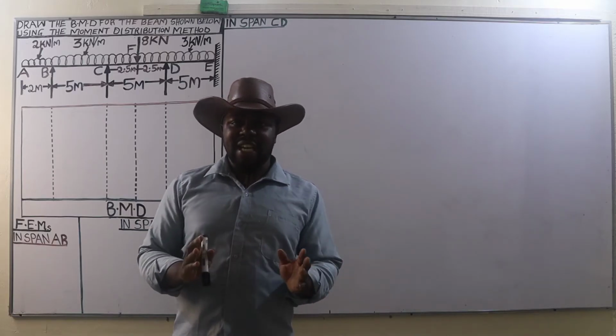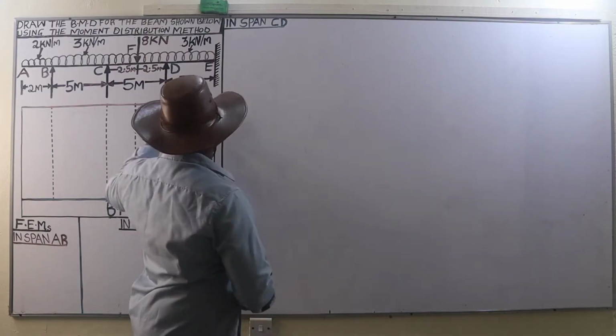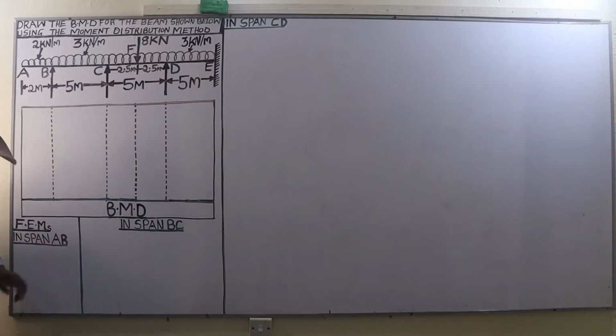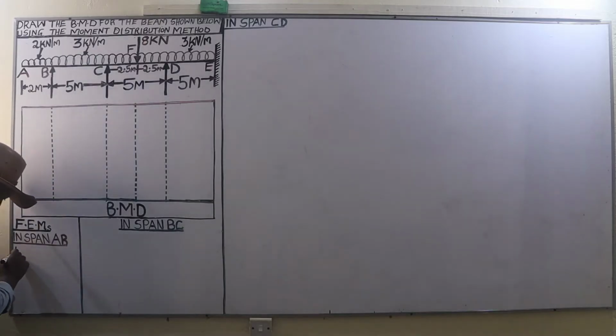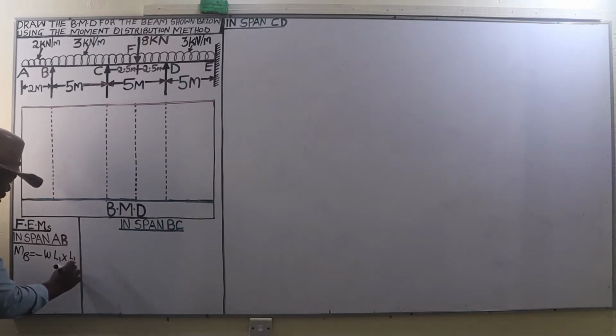Now we are going to begin with the calculation of the fixed end moments. That is always the beginning of analyzing such a beam. So we have the fixed end moments, and we are going to begin with the span AB. In this case, the span AB is an overhanging member, and therefore the bending moment at B, that is MB, will be given by negative W L1 multiplied by L1 over 2.